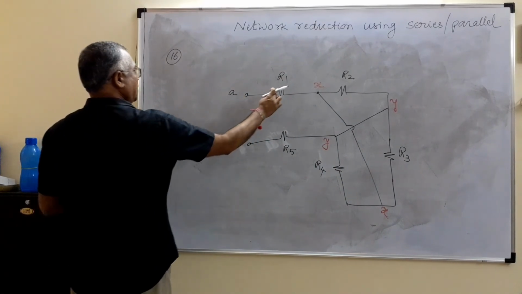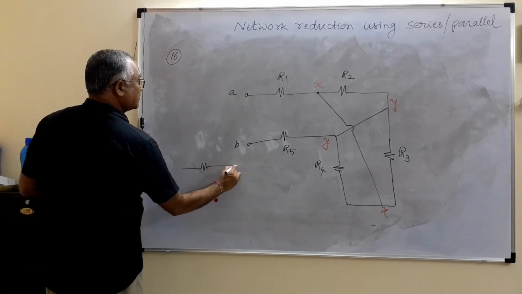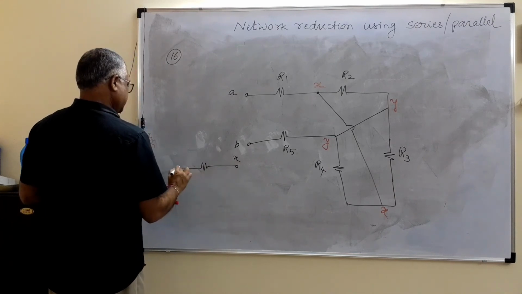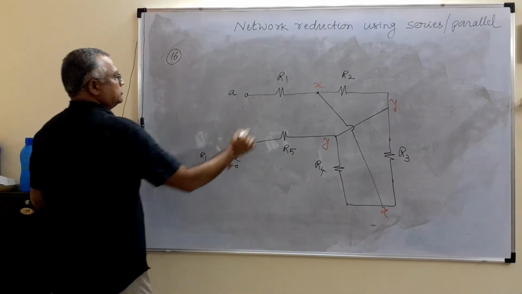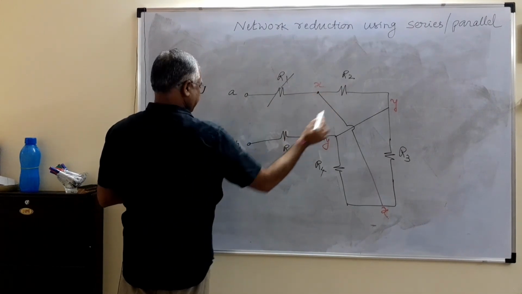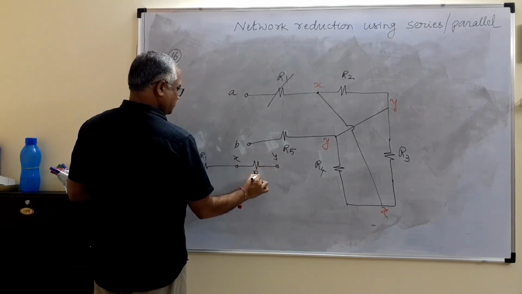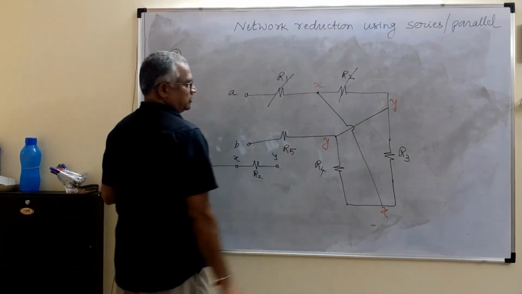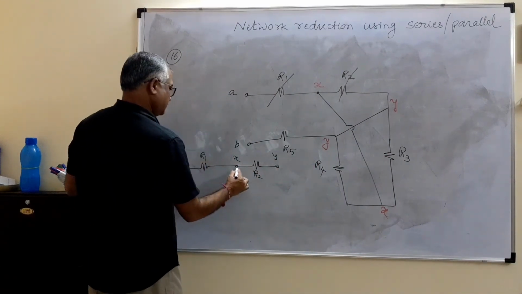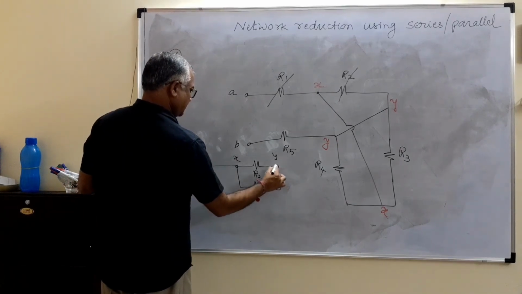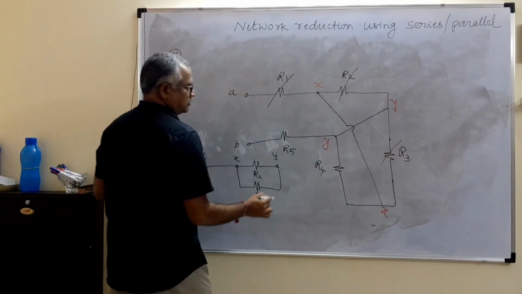How to redraw? R1 between A and X. X and A, here R1. So R1 over. R2 between X and Y. X and Y, there is R2. So R2 over. R3 is also between X and Y. So this R3 over.